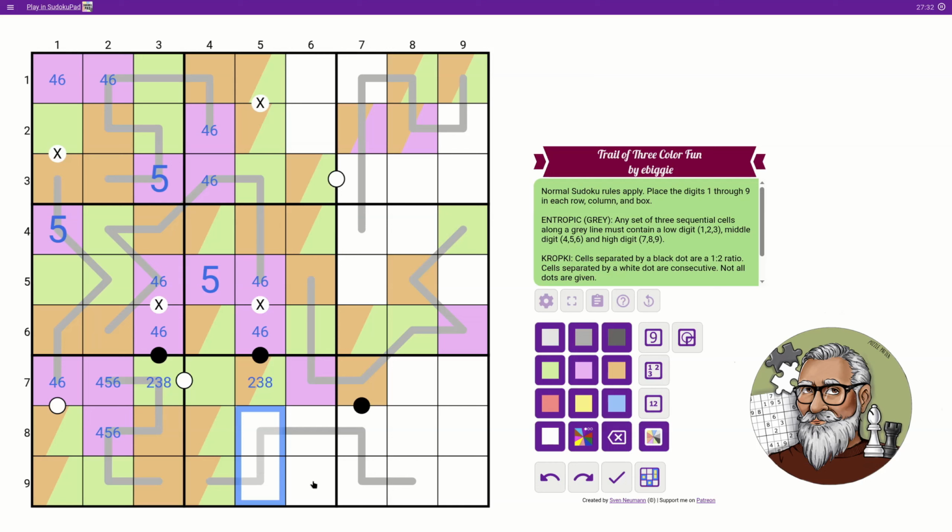Hold on, that means that this one is pink, right? Because one of those is pink, which means that this one isn't pink and this one has to be. Right, and these are from 4, 6. Which means that this one is definitely a 5. And this one isn't a 5.